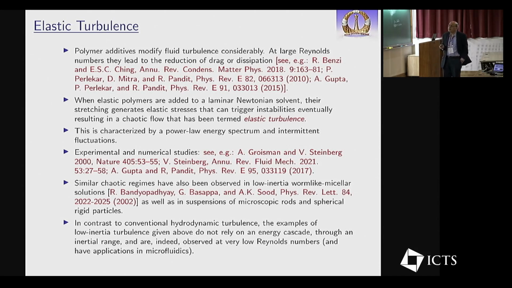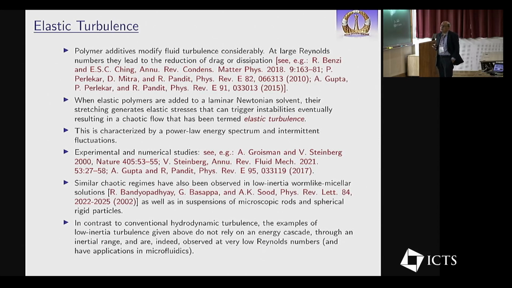So some review here. It's well known that if you add polymers to turbulent flows, even at the level of parts per million, they lead to a dramatic reduction in the drag. This is very well known and is contained in several of those papers and many others.